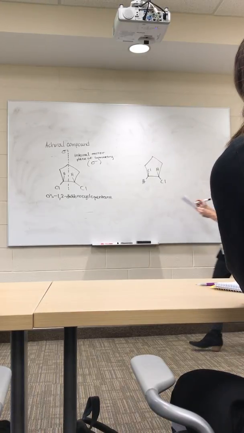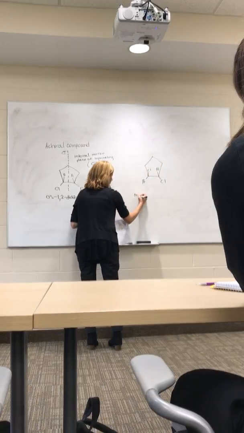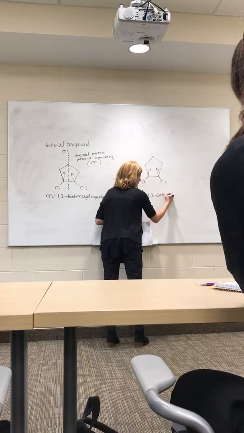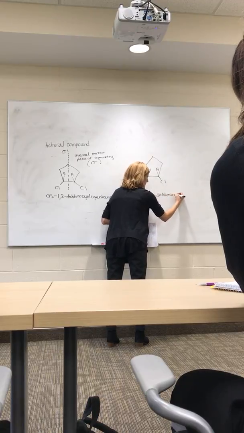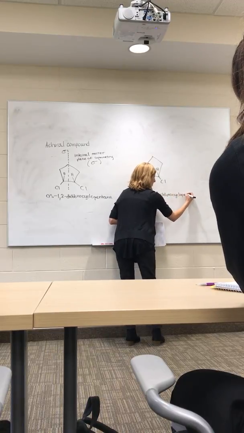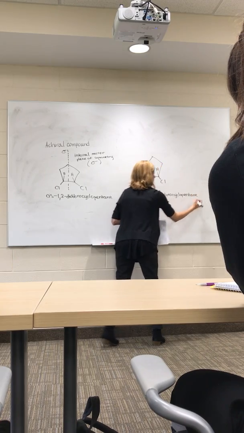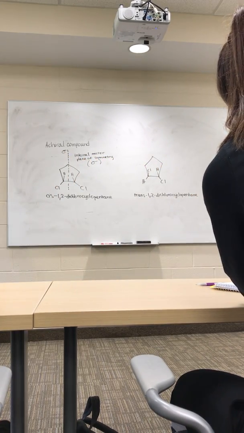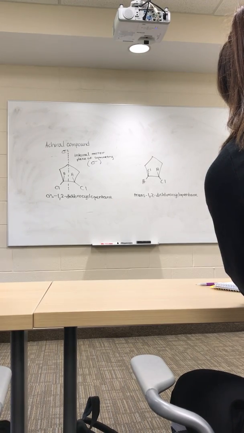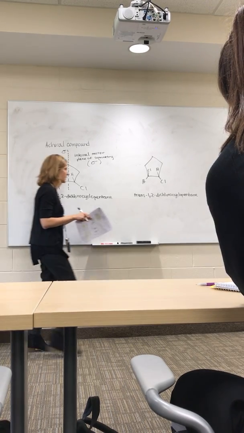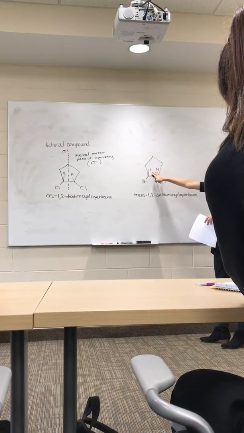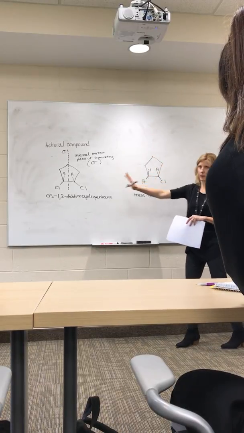This would be our trans, 1,2-dichlorocyclopentane. Now looking at that, does it have an internal mirror plane of symmetry? Can I go down here? Okay, no, it's not the same now, right? It's not like that one.